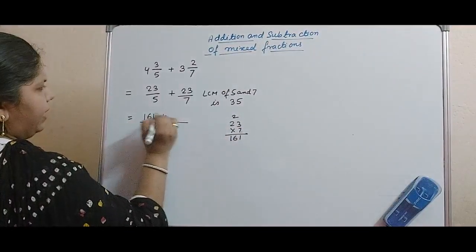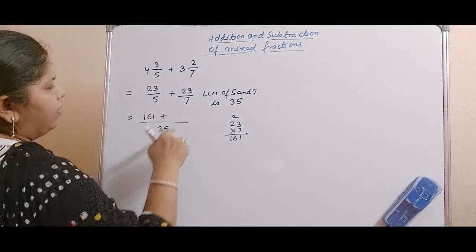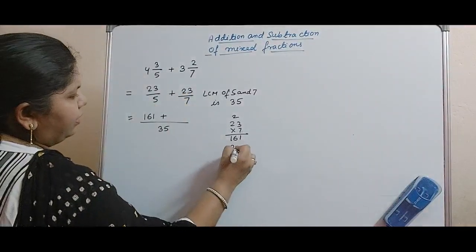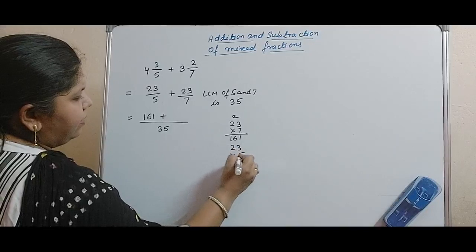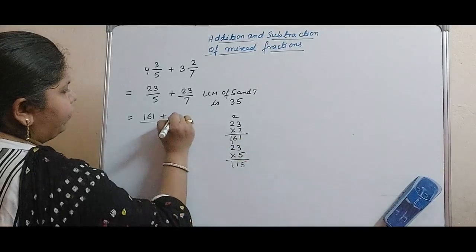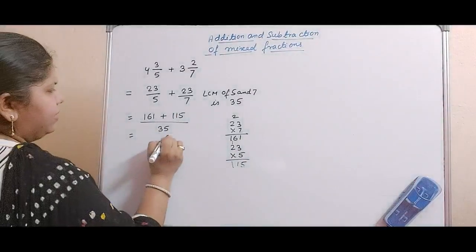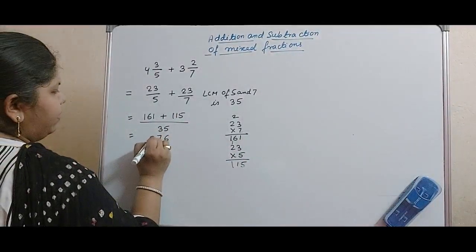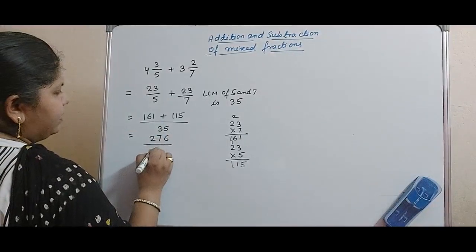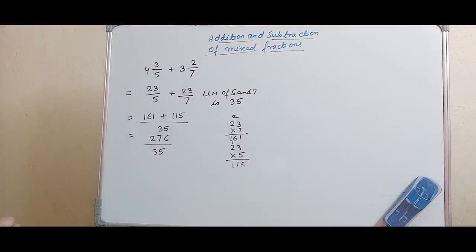Now this will get added with 35 divided by 7 is 5, and 5 into 23. So 23 5s are, how much do you get? 115. Now we have to add these: 5 plus 1, 6, 6 plus 1, 7, and 1 plus 1, 2. So 276 by 35 we are going to get.